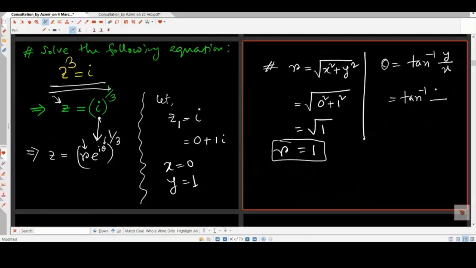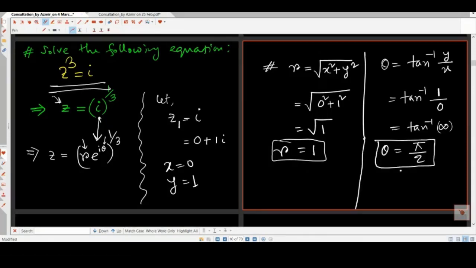It is tan inverse y over x. What is the value of y? y is 1 and x is 0. So that is 1 over 0, which is undefined, infinity. We know that tan inverse infinity is pi over 2. We have found the argument theta.